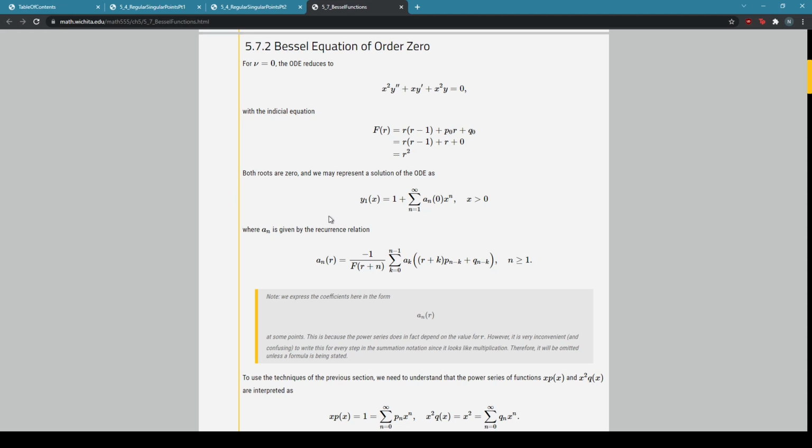And what that means is that we're going to have two separate solutions, but we'll have to use a special formula to get the second one to avoid the issue of linear dependence. The first solution is going to look like 1 plus the sum from 1 to infinity of these coefficients times x. And this is going to be our recurrence relation with 0 plugged in for the exponent.